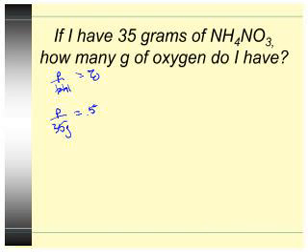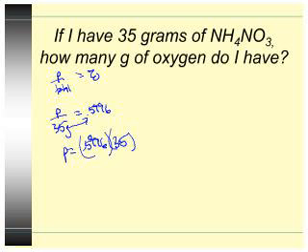So 0.5996. So for this one, I'm going to cross multiply, and all I have to do is 0.5996 times 35. So 0.5996 times 35 gives me 20.99 grams of oxygen.